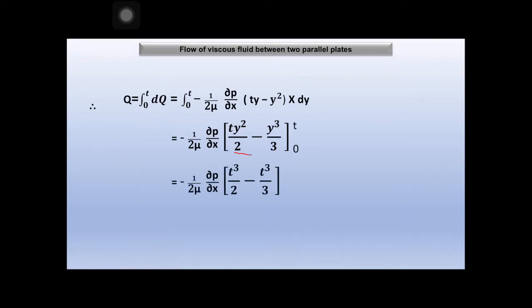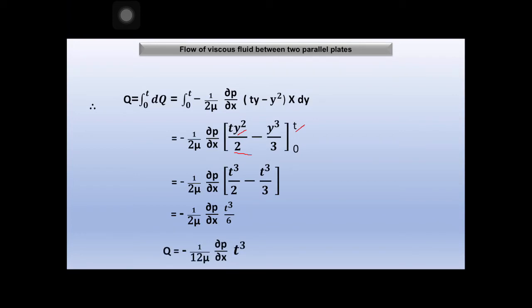Upon solving this, t will get replaced in the place of y, and the equation will become q equal to minus 1 by 2 mu into delta p by delta x into (t cube by 2 minus t cube by 3). We will take the common terms out of this bracket, and it becomes q equal to minus 1 by 2 mu into delta p by delta x into t cube by 6.